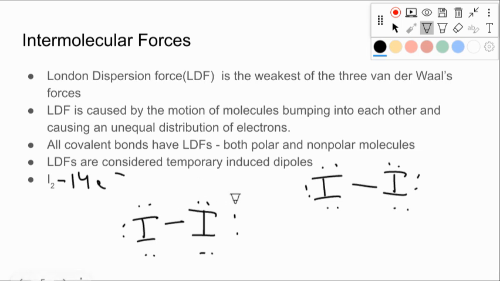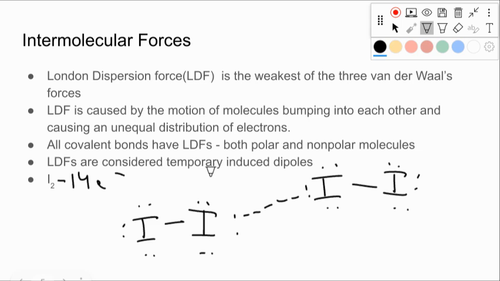And so when you show the London dispersion force in between them, sometimes people draw circles around them to show that it's a single individual thing. And that's fine. You can do that. But a lot of times people don't. But what they do show for the bond is a dashed line. So this dashed line does not look the same as that chemical bond.